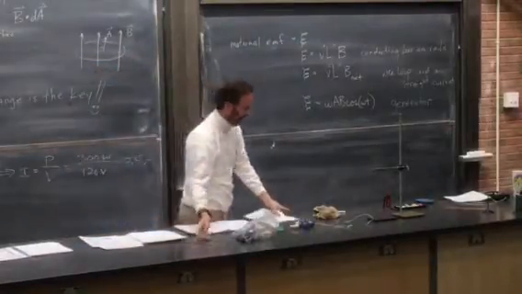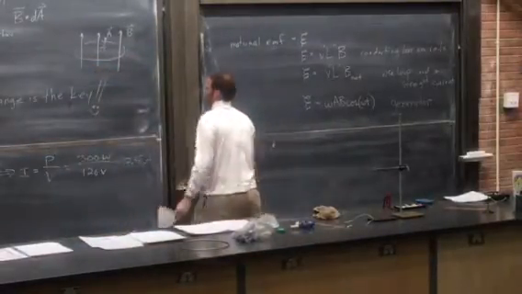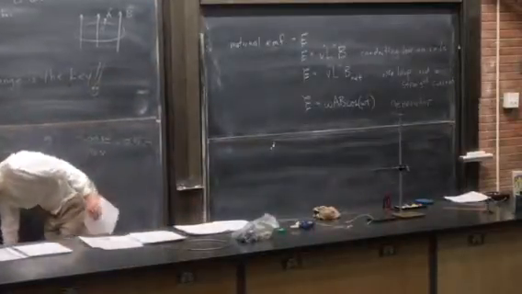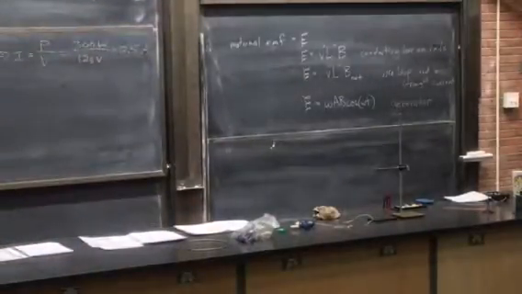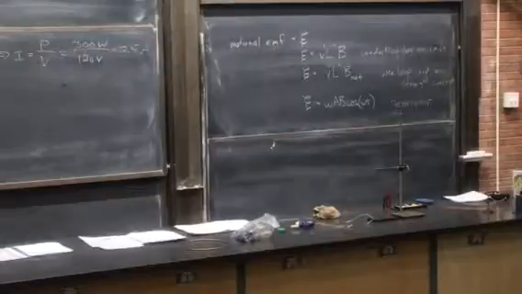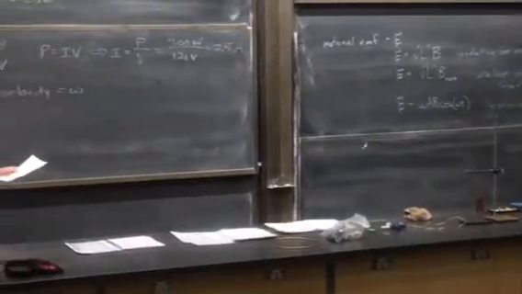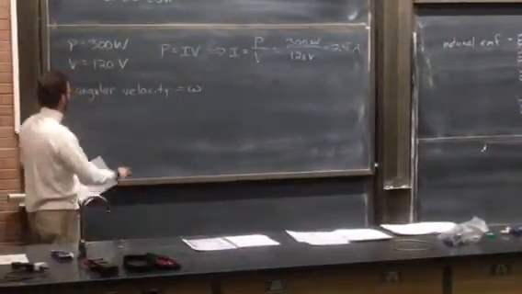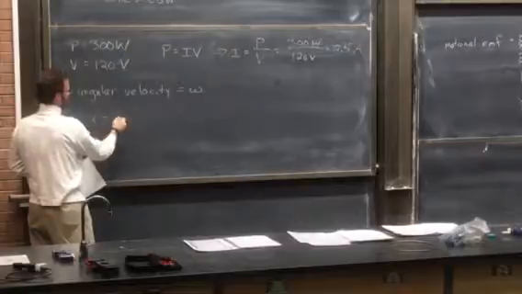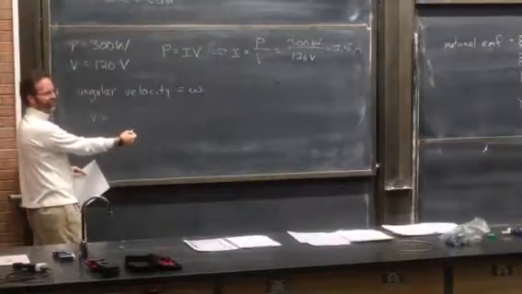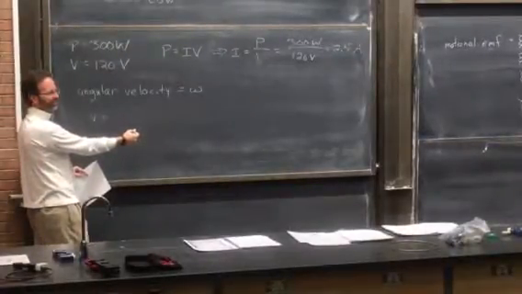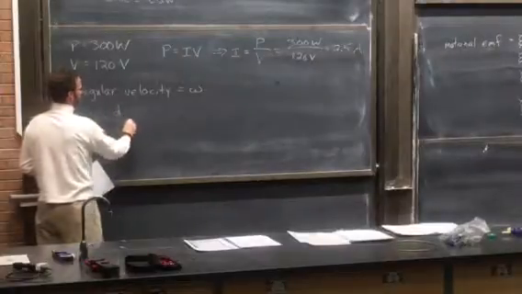Pause for a moment, some of you might be confused with that omega. Angular velocity is the omega. Remember what normal velocity is, right? Distance per time.